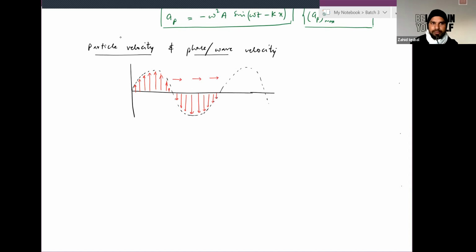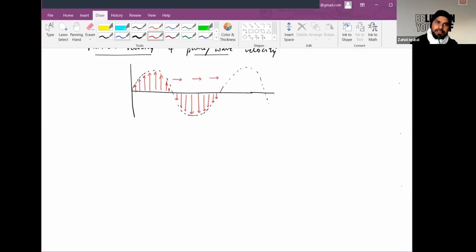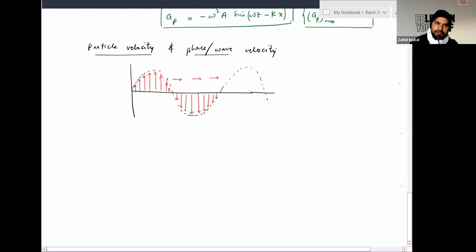So there are two different motions in this. One is that these different particles are vibrating up and down about their mean position. The velocity with which a particle vibrates about its mean position is called particle velocity.